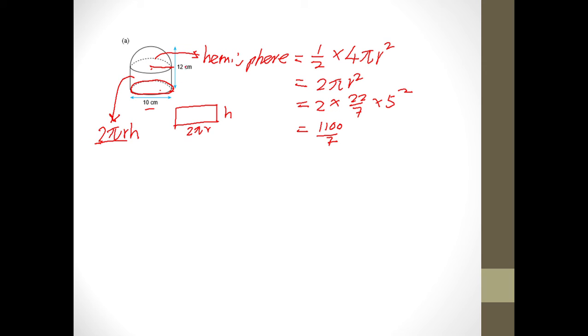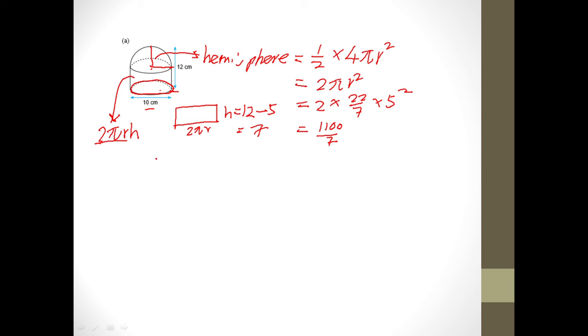Given the 12 centimeter is not the height, the 12 centimeter belongs to the cylinder and the hemisphere. So the height here is 12 centimeter, but we have to minus the height of the hemisphere. The height of the hemisphere is the radius, so we have to minus 5. So you will get 7.